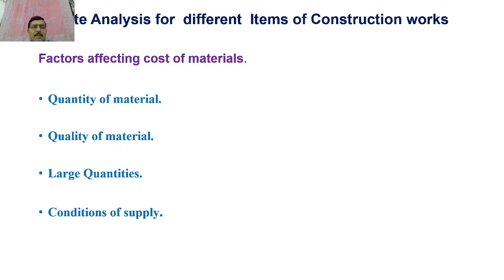Then there are certain conditions of supply of material by suppliers of different materials. These conditions vary from location to location, and the price of materials supplied at the site will depend on local taxes, local corporation taxes, state government and central government taxes, and the transportation charges.